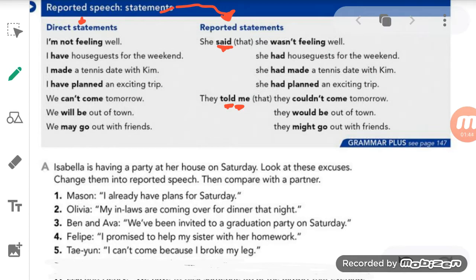If the teacher Adorlis said, I am not feeling well, Esperanza, when Esperanza transfers that information to another person, she will say, the teacher said she wasn't feeling well. You repeat the information. Remember yesterday we had three people.